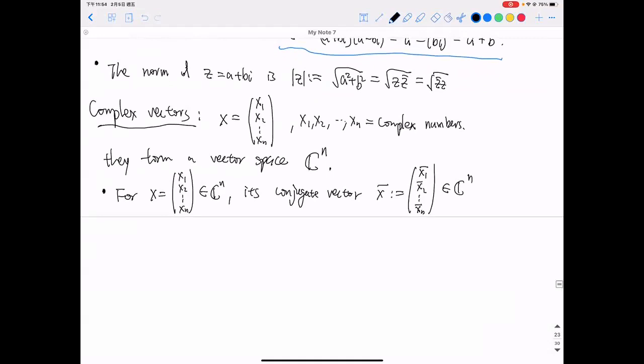Now we can also define the norm of x, with double bars for the notation. This time what we're doing is taking the matrix product of the transpose of the conjugate vector with x.